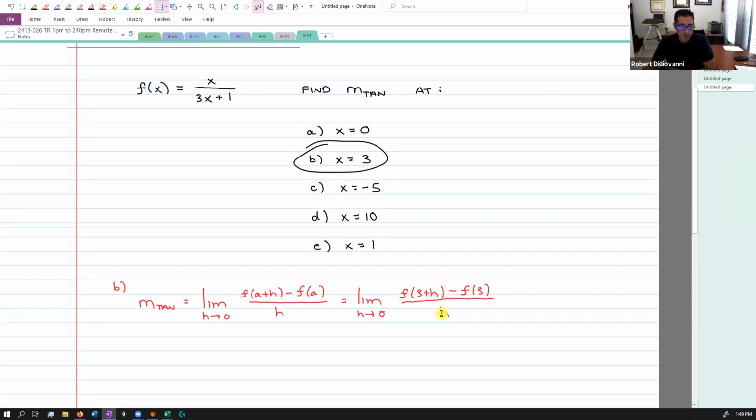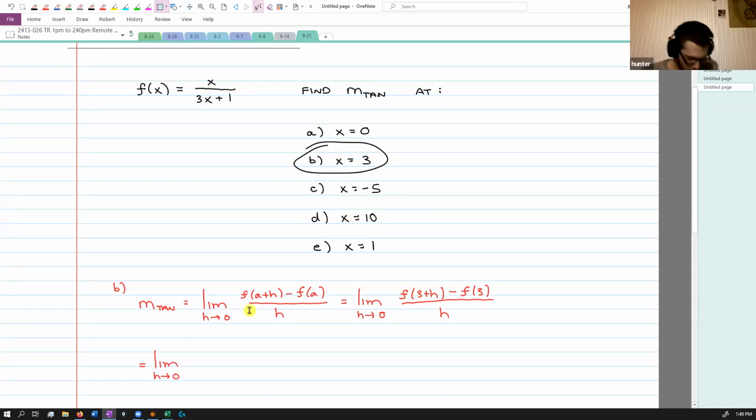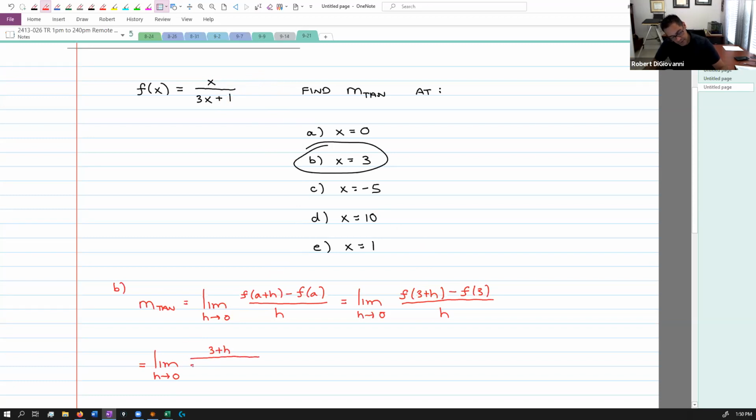Okay, can we plug 3 plus h into that function? We can, but it's going to suck. It's going to be awful, but we do it. Limit as h goes to 0. If I replace the x's with 3 plus h, I get 3 plus h on top, over 3 times 3 plus h, then plus 1. Everyone see that?